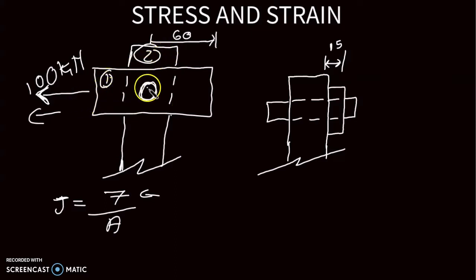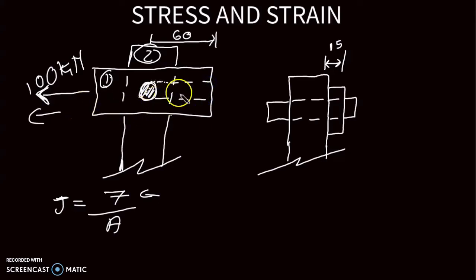Let's say the pin is strong enough to withstand the force that is being applied to it in such a way that it's not going to break. So where will object number 1 break if it were to break? This is the pin that we are dealing with. The pin will cause object number 1 to break somewhere here.